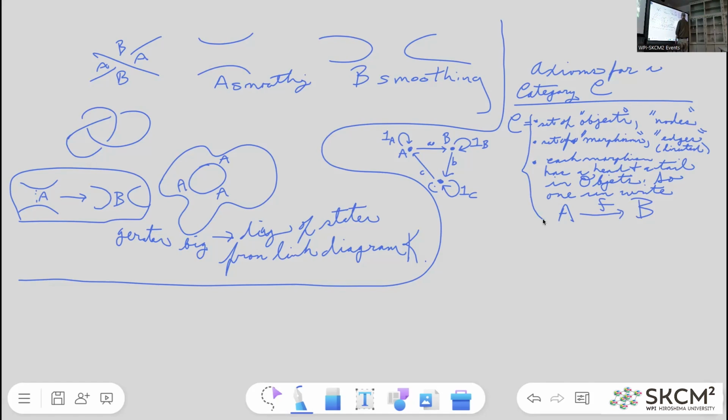But then, axiom number one: given A going by F to B and B going by G to C, there exists GF going from A to C, the composition.